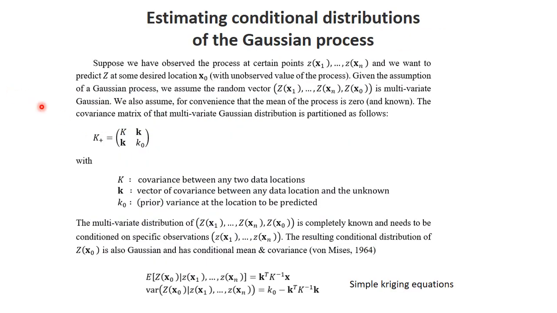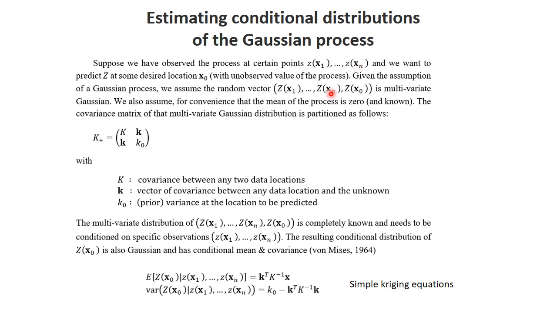So here we have some more properties, and particularly, we'd like to estimate the conditional distribution of a Gaussian process. Remember, imagine that I would like to estimate something at an unobserved location, and I have some observations. If I look at the conditional distribution, then essentially what I'm asking is, what's the conditional distribution of f of this value given these values?